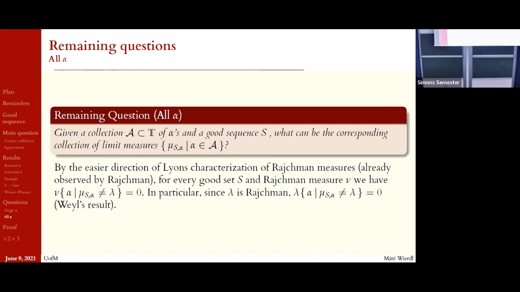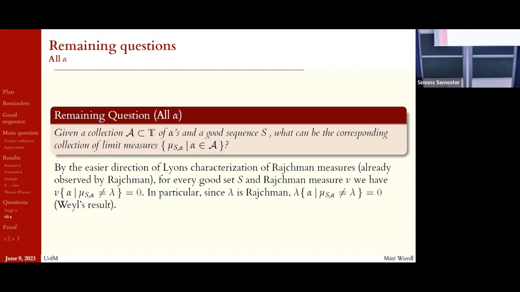I can say the following, that by the easier direction of Lyon's characterization of Reuchmann measures, already observed by Reuchmann. So this easier direction: for every good set S and Reuchmann measure nu, the mu measure of those alphas where the limit measure is not nu is zero.